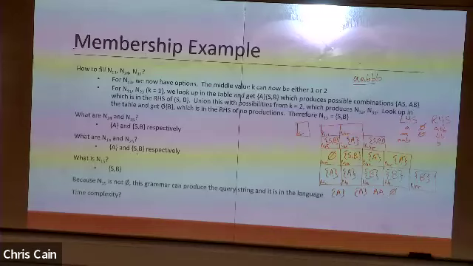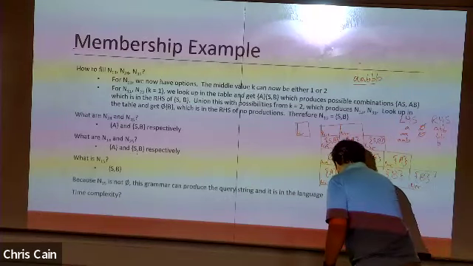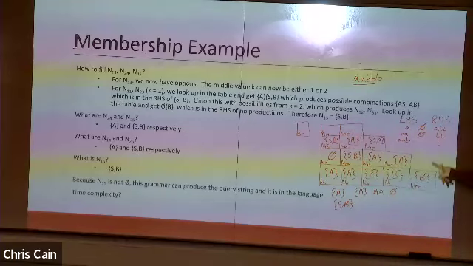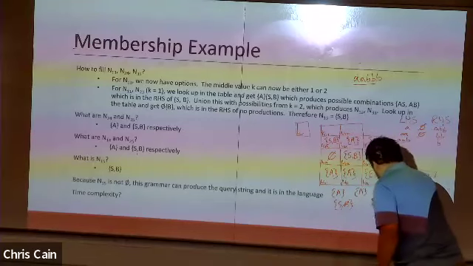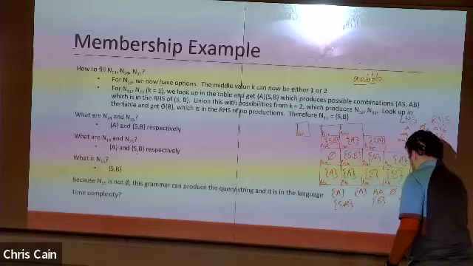AAB, where does that come from? 1, 3. That is S and B. And the right-hand side, 4, 4. So this can produce either SB or BB.